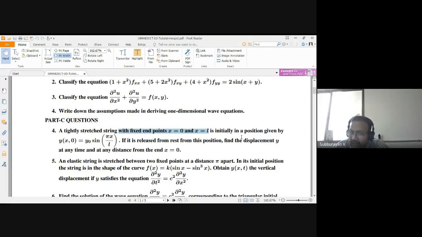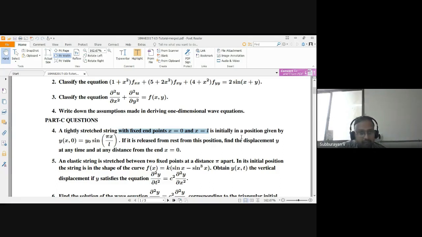And then if we apply the third condition, dou y by dou t at t equal to 0 equal to 0, the velocity condition, then you will end up with capital D equal to 0. Do you agree?